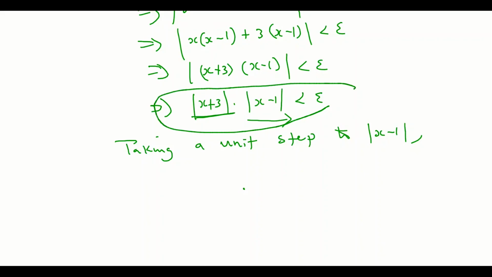I will show you what I mean by that. If we take a unit step to this, that means the absolute value of x minus 1, this particular one, will be less than 1. You can use any other number, any number, but 1 is easier.